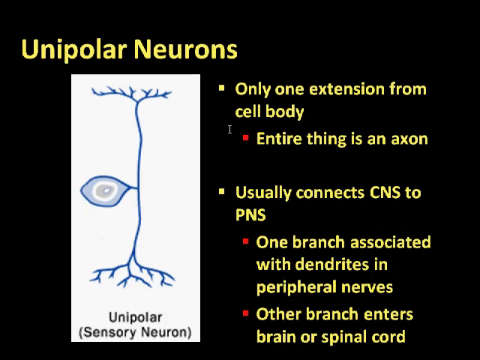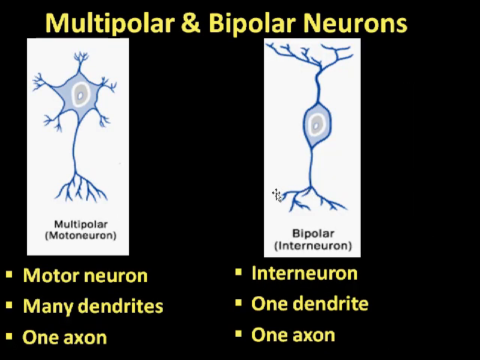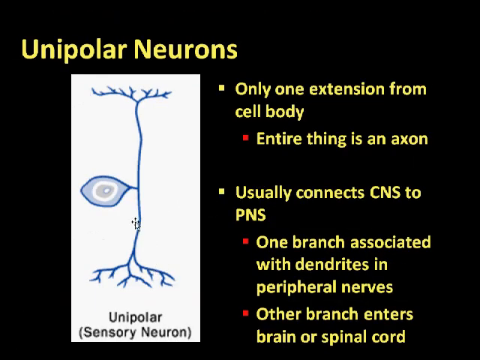The unipolar, which are pretty funky looking, the cell body is kind of off to the side here. This whole thing is an axon, so this is still just one axon. So for all of these, multipolar, bipolar, and unipolar, they all contain only one axon.